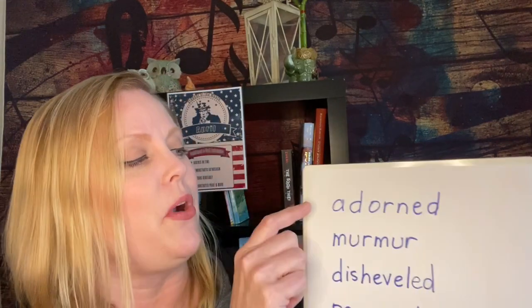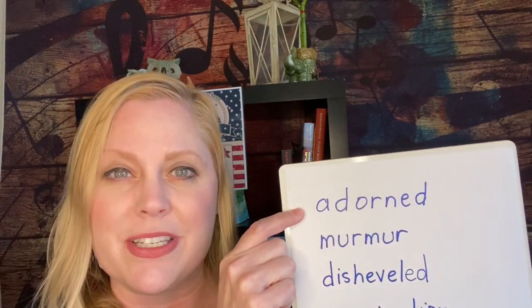Here's my first sentence. The girls adorned their hair with flowers and ribbons. So our word is adorned. So listen to that sentence one more time. The girls adorned their hair with flowers and ribbons. What do you think adorn might mean? If you look closely at that sentence, the 2 key words that you can use to help figure it out are flowers and ribbons.